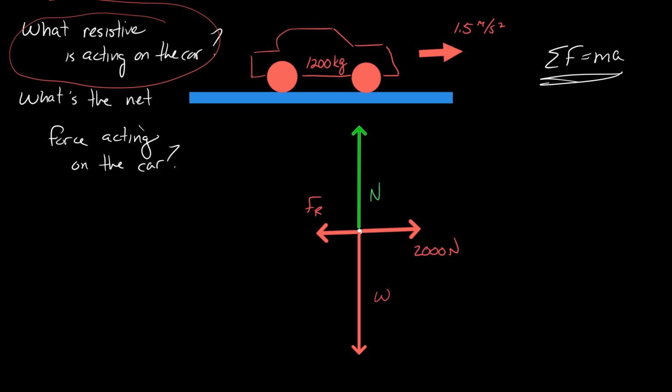So the highest priority is to always draw the coordinate system in the direction of the acceleration. If it's not accelerating or if that's not possible, your next priority is to try and line the coordinate system up with as many forces as possible. But we know the car is accelerating, and we know it's accelerating to the right, so we're going to draw a coordinate system that is aligned with the direction of the acceleration. We're going to make that direction positive on purpose.